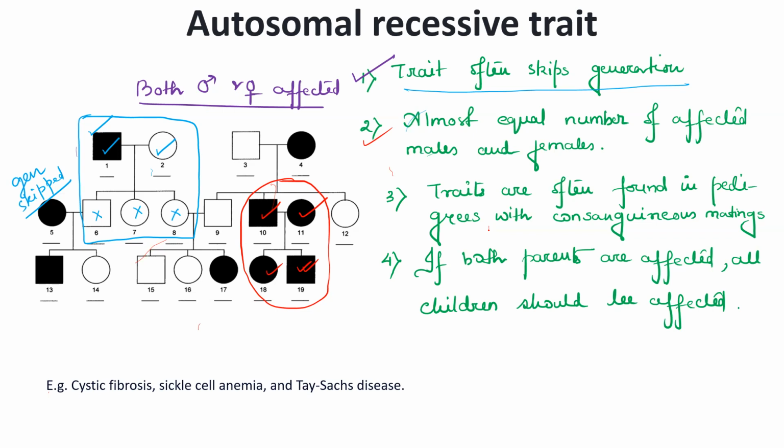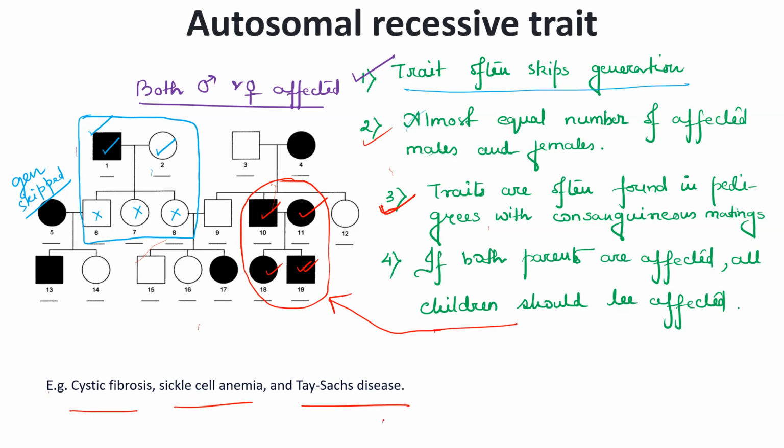If both parents are affected, all children should be affected. Examples are cystic fibrosis, important examples, sickle cell anemia, Tay-Sachs disease. Fine.